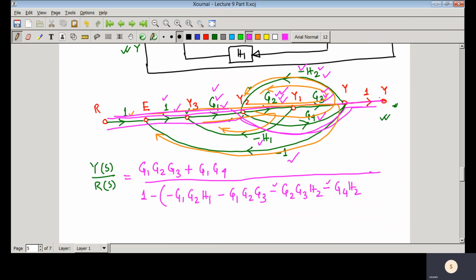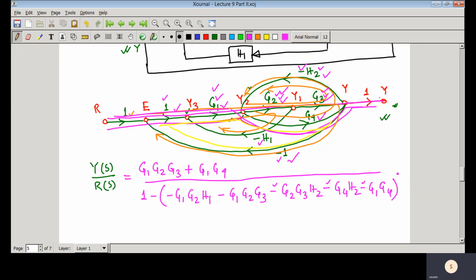And another one is G1 G4, another loop, so minus G1 G4, and here minus 1 is there.